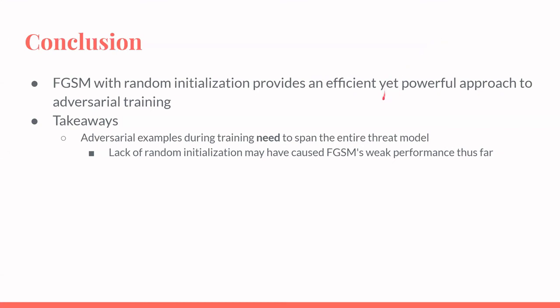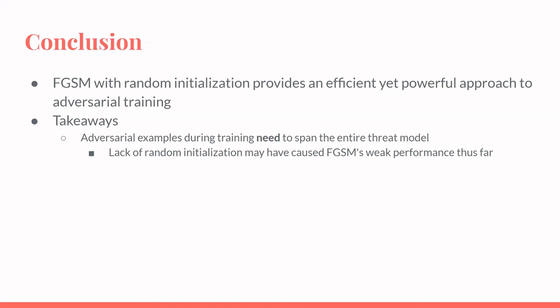So by spanning the entire threat model, what the authors mean is that previous initialization strategies, either a complete lack of random initialization or Tramer's non-uniform initialization approach, don't essentially span the entire threat model, in that each pixel in the perturbation is either set to 0 or plus or minus epsilon itself.